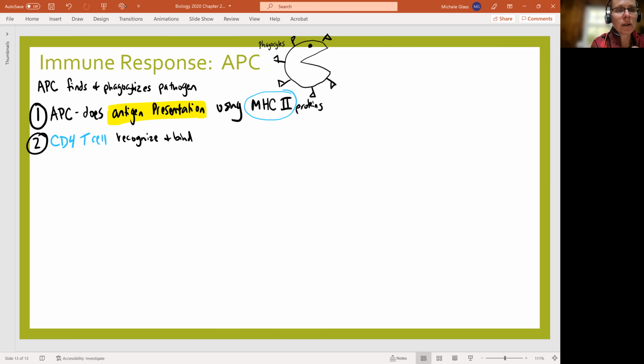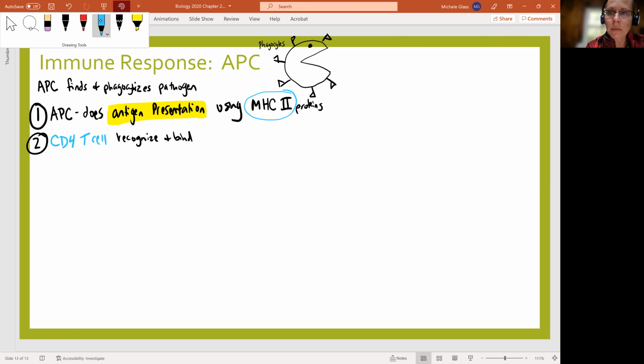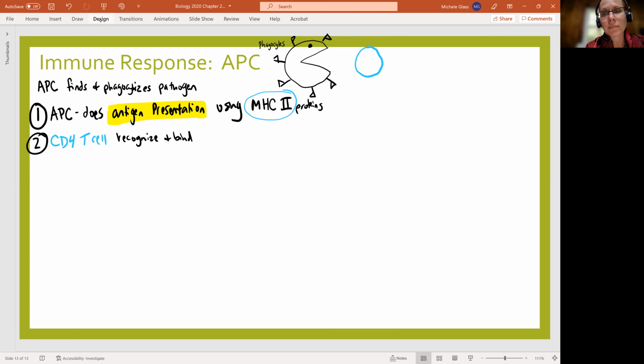So now let's draw in our CD4 T cell. I want to give myself quite a bit of room, so I'm going to put my CD4 T cell up here. I'm just going to make it cute, give it a little face. Nice little smiley.